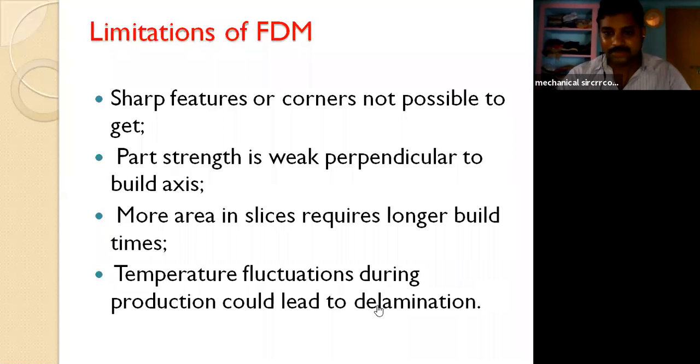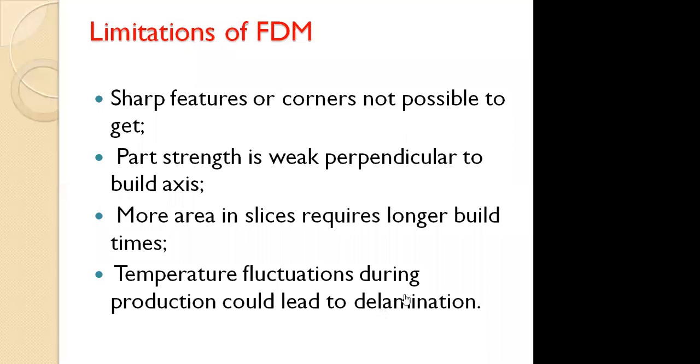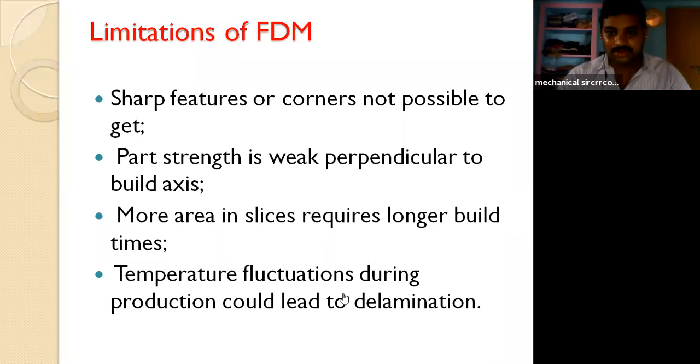Have you seen plywood? Yes, sir. Plywood is used for domestic purposes. This particular lamination process is performed for the fabrication of plywood also. The failure that occurs, damage in the form of layers, that phenomenon is known as delamination.